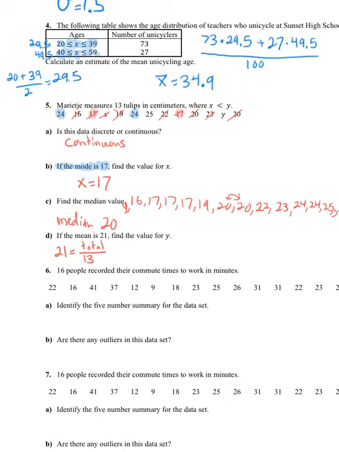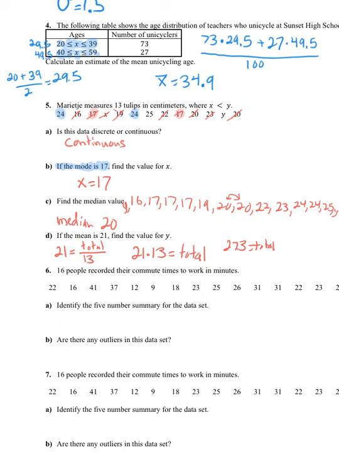That's going to give us 21 times 13, and 21 times 13 equals 273. And since we have 273 for our total value, we can subtract every single number until we get to our y. And that's how we would find the value of y.